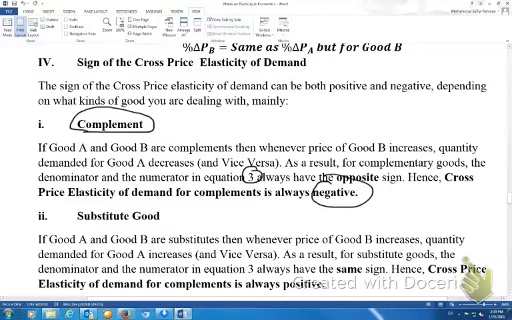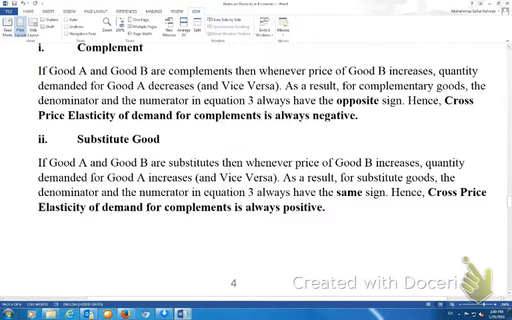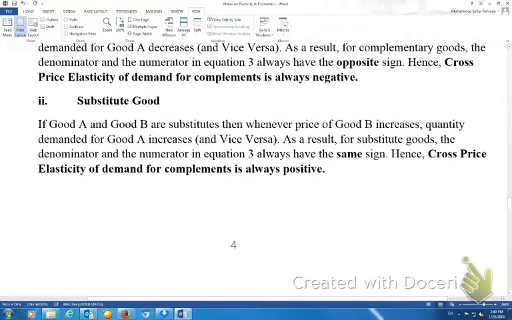The other kind of good that we are going to look at is called substitute goods. Two goods are substitutes whenever, as the price of good B increases, quantity demanded for good A increases, and vice versa. So let's put this idea into a context.